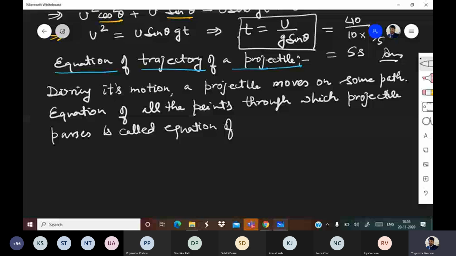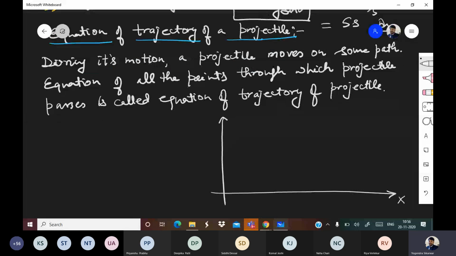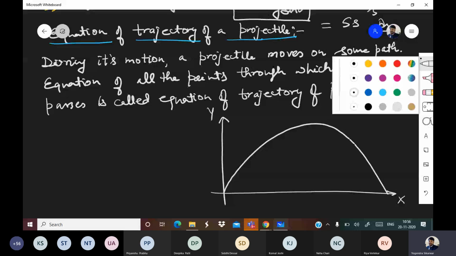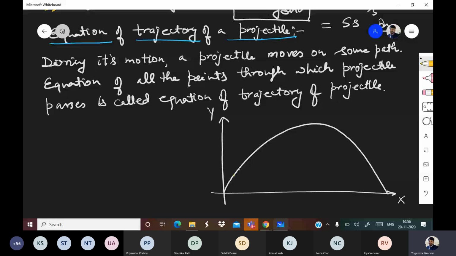Okay, all right. Now try to understand through a diagram. This is the x-axis, this is the y-axis, and you have thrown a projectile like this, and it goes like this, right? So during its motion, it is passing through various points.